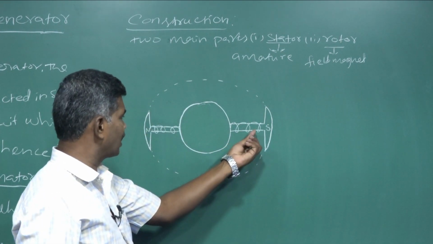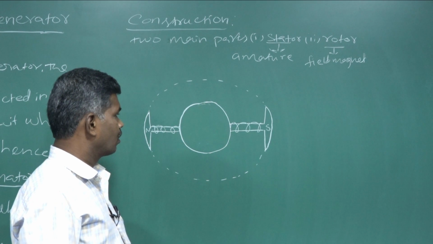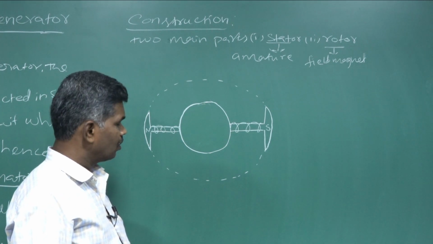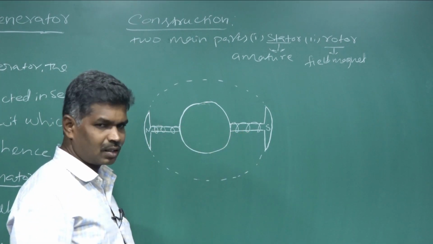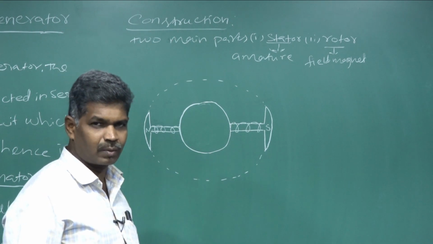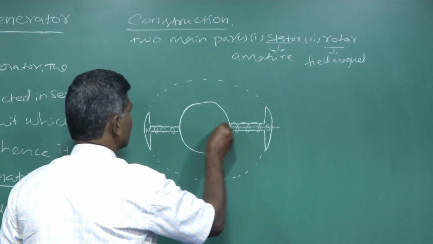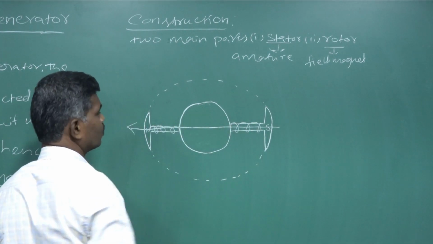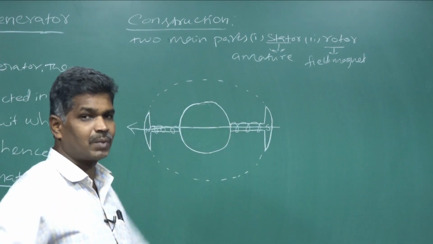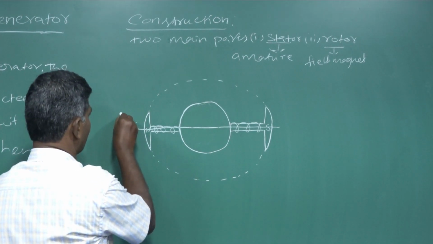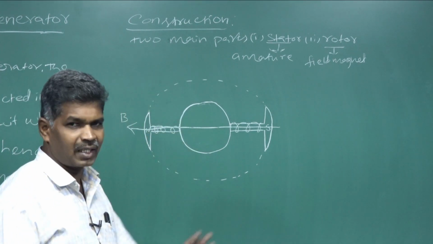If you supply a current through this coil, the magnet can produce a magnetic field, acting in this direction. A certain strength of magnetic field is produced, which can be taken as B, the magnetic induction.